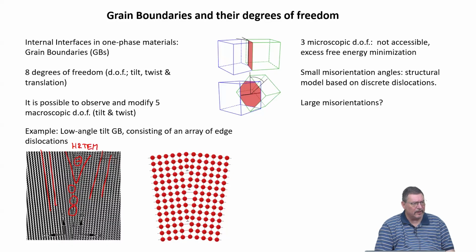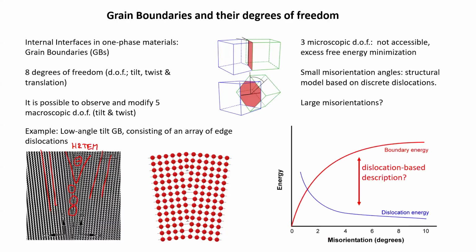Now, what happens if I increase the misorientation? We talked about it. Then the distance between these dislocations becomes smaller. At some point they are going to overlap. So this is a problem, because this is what we know. When we think about misorientation between two given grains, and plot their excess energy, the grain boundary energy, we have first this linear relationship, and that's based on dislocation energy.